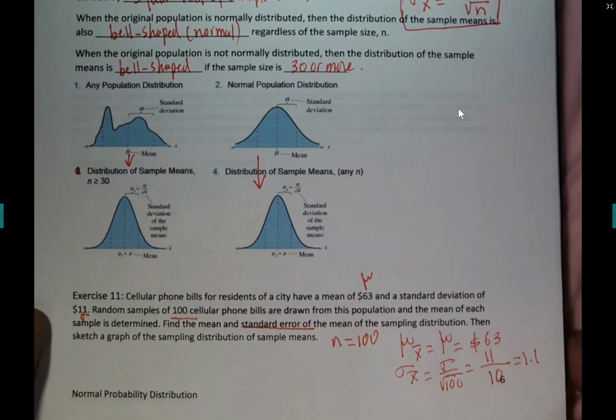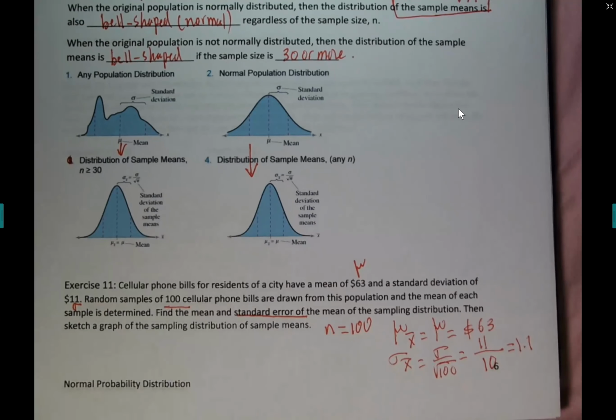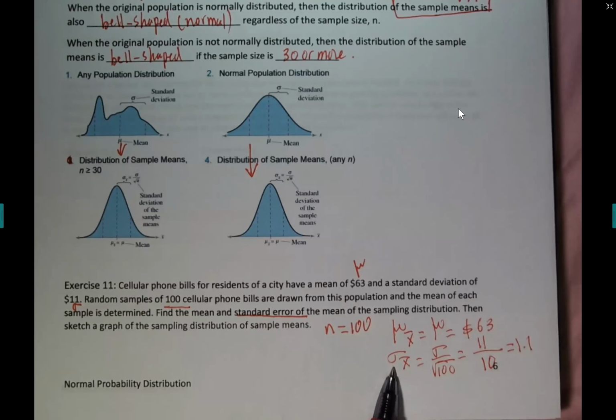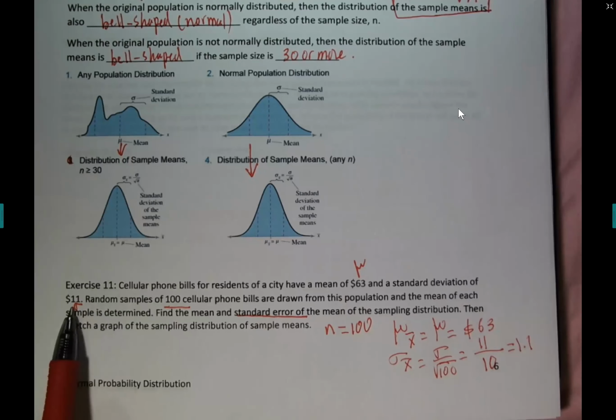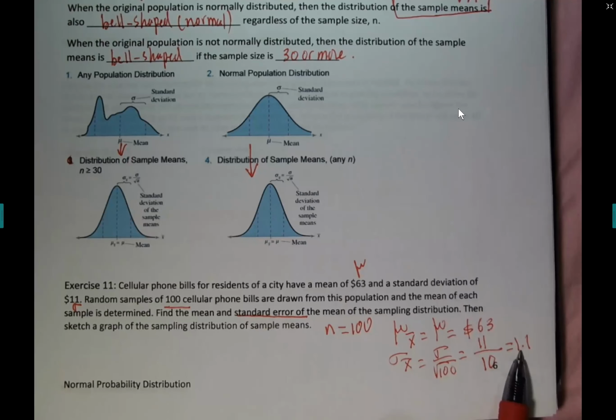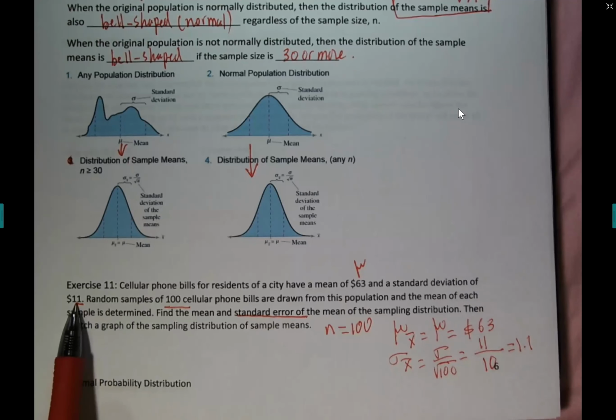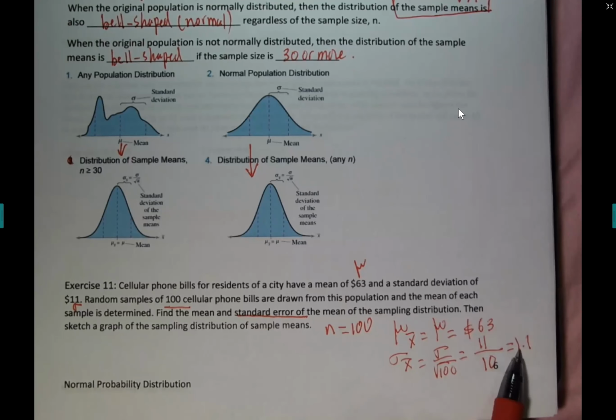And that answers the question. You notice, you see the standard deviation of the sample means? It's a lot smaller than the original standard deviation, which is 11. I would prefer to work with a data set that has a variation of 1.1 rather than a data set that has a variation of 11. That's a lot smaller variation than the original one.